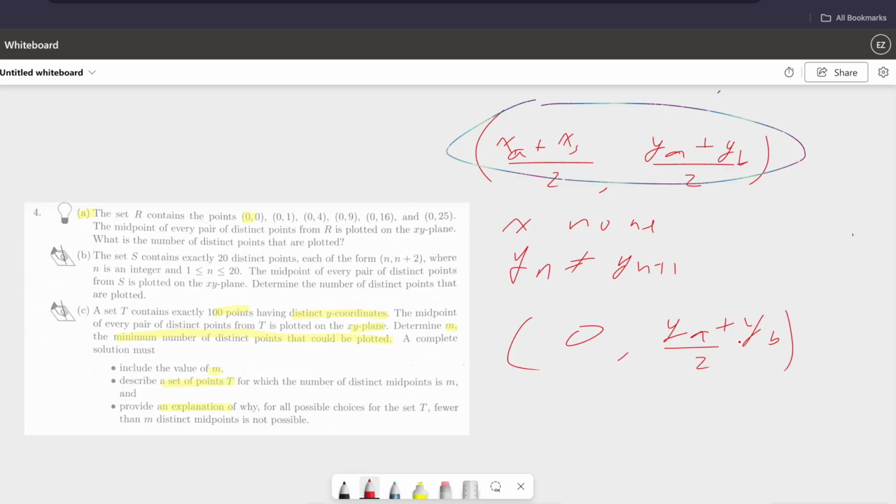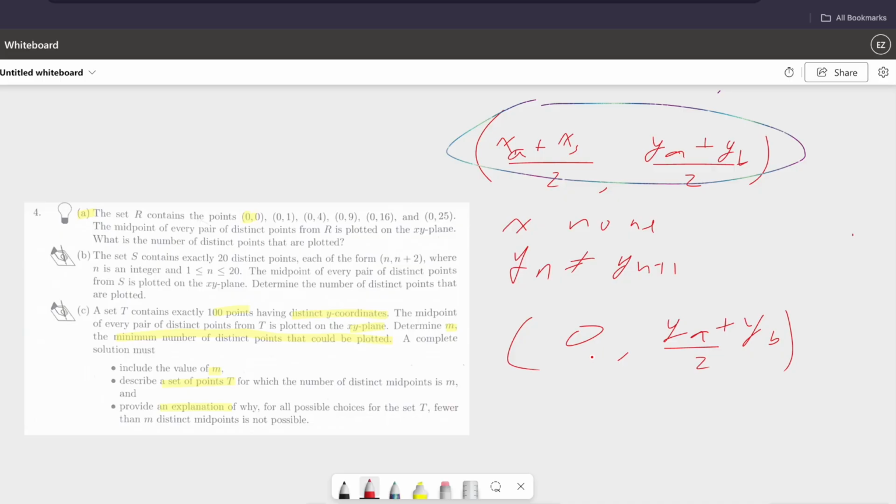Right now, we see the summation ya plus yb determines the number of points that could be overlapped. So if we maximize the number of points that are overlapped, then we get the minimum number of distinct points that could be plotted.